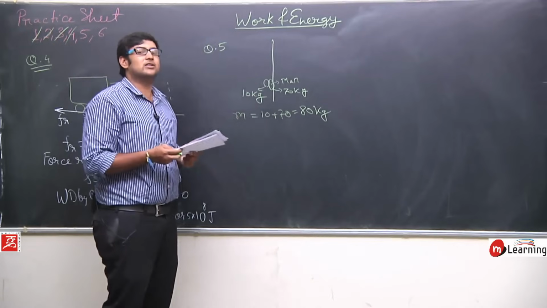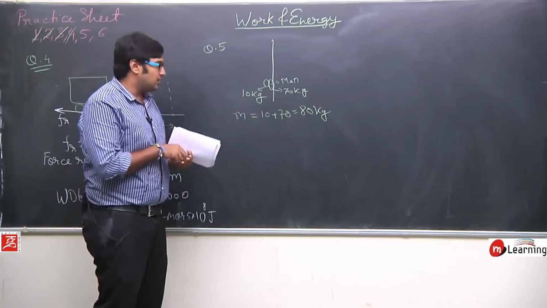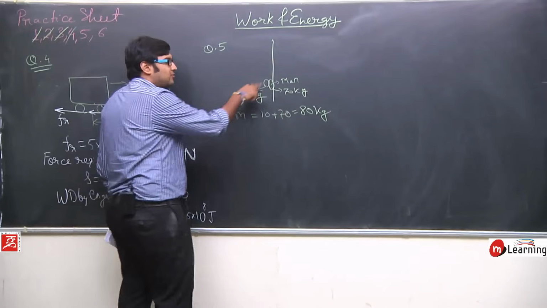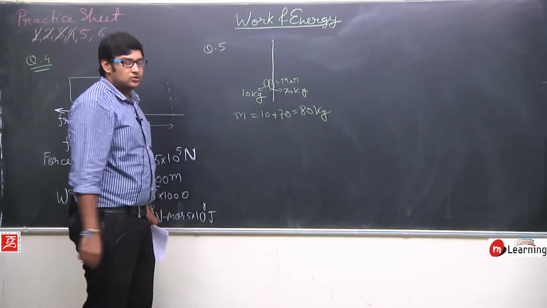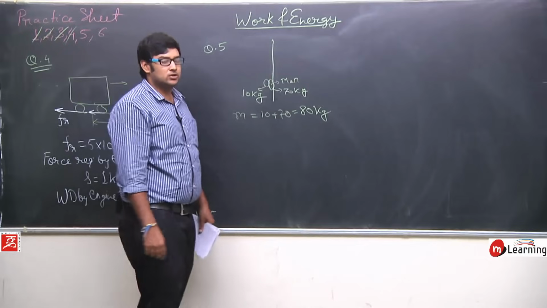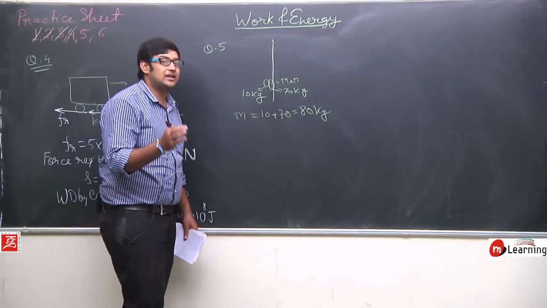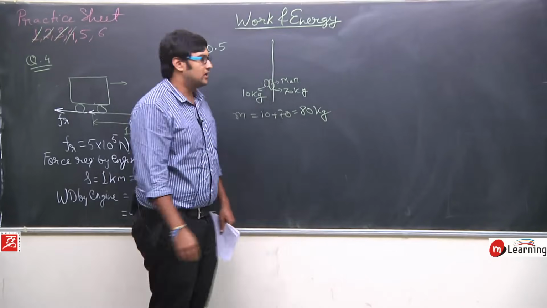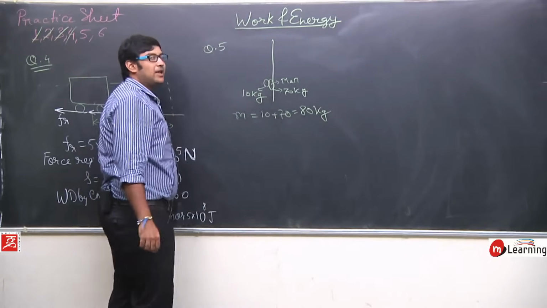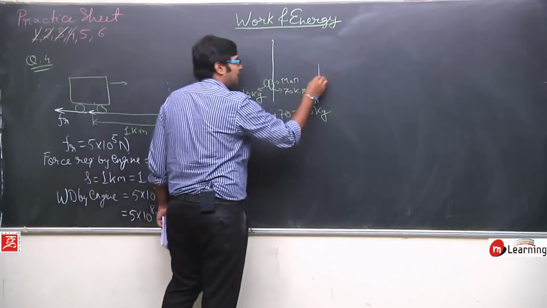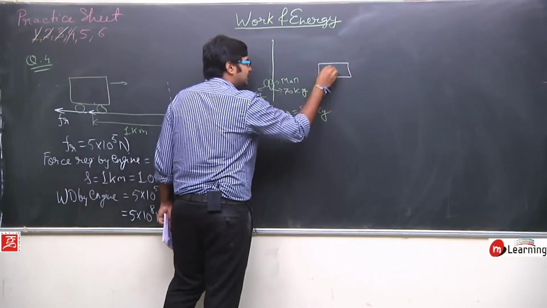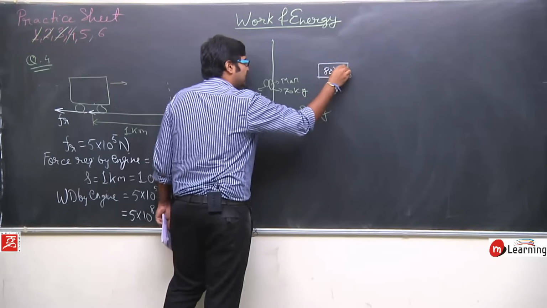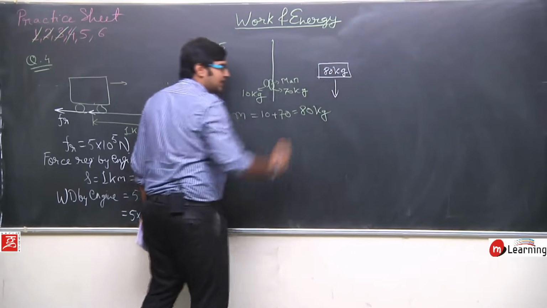Now we need to calculate the work done by the man. If I ask you what is the force applied by the man, the man will apply a force such as to nullify the effect of gravity. Now how much force is gravity applying on this man? If this is the man and his load, that is 80 kg, gravity is applying a force in the downward direction.